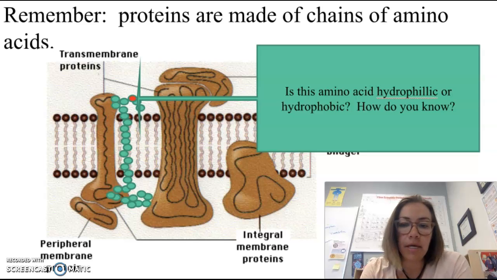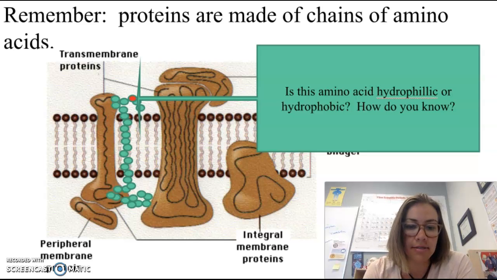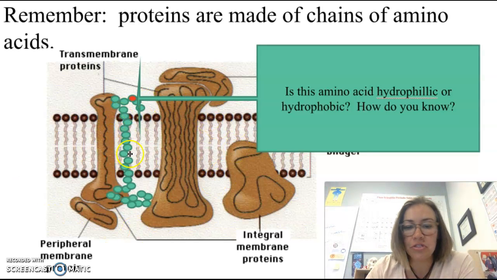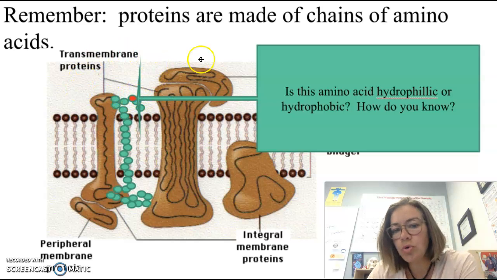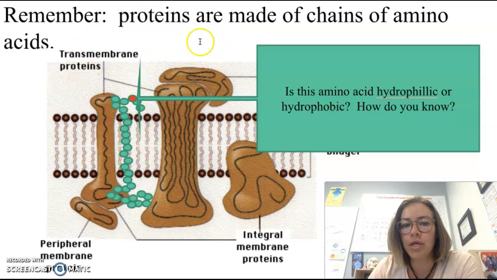So remember, proteins are made of chains of amino acids. So let's just look here at this protein. If this is my chain of amino acids, say an integral membrane protein inside of a cell membrane, a transmembrane protein, is this amino acid hydrophilic or hydrophobic? How do you know? So right here, this red one, is it hydrophilic or hydrophobic? Well, since we know that water interacts with the outside of the cell membrane, right?